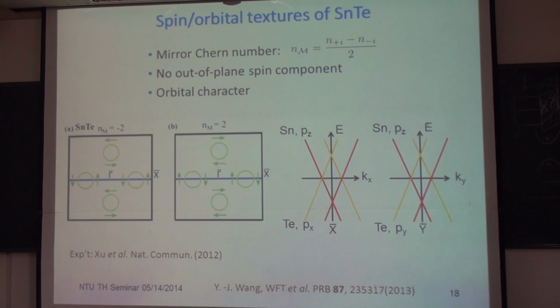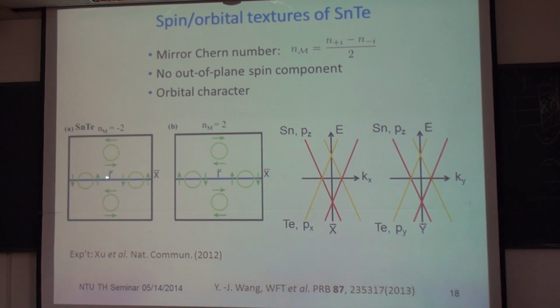First of all, in this model, we can easily understand why there is no out-of-plane spin component. This is because of two mirror symmetries, M_XZ and M_YZ, and time-reversal symmetry. It also helps to understand the mirror Chern number by understanding its spin texture. And this orbital character is actually our input, so I want to emphasize it again because it is related to a later experiment.